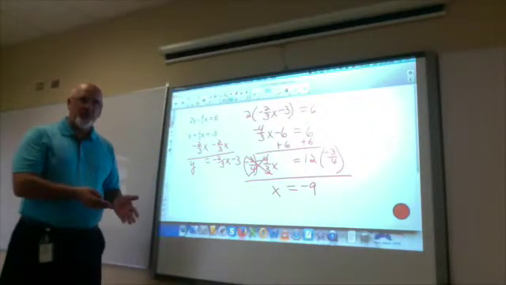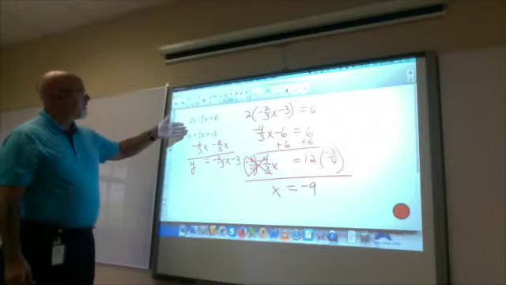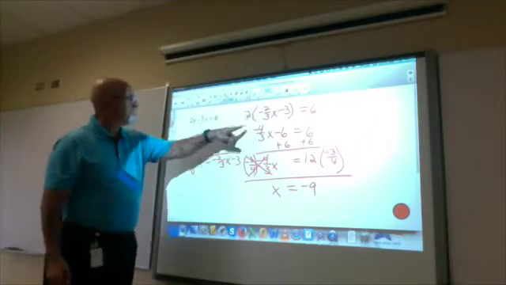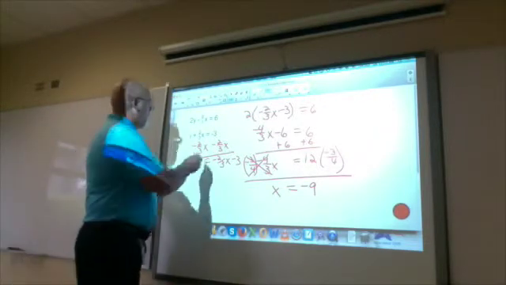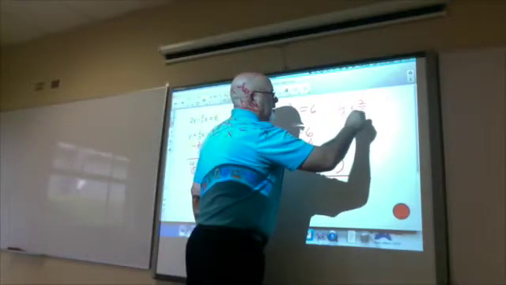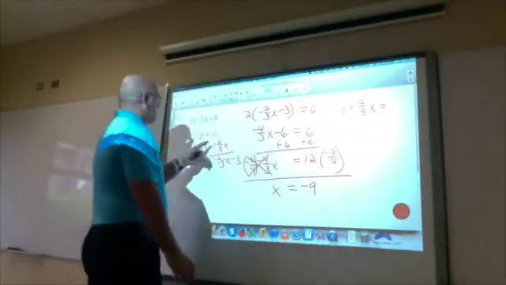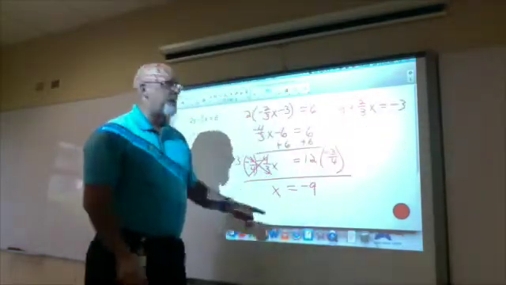So we take that negative 9, we go back up here, and we plug it in. We just did this equation right here, so now we're going to use this one. y plus 2 thirds x equals negative 3. We said that x is equal to negative 9.